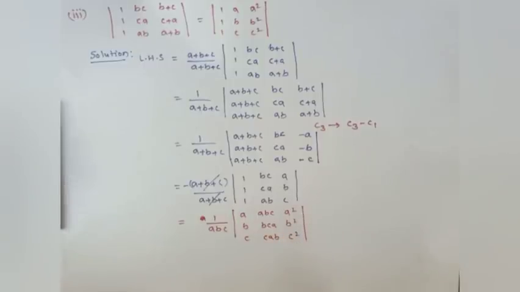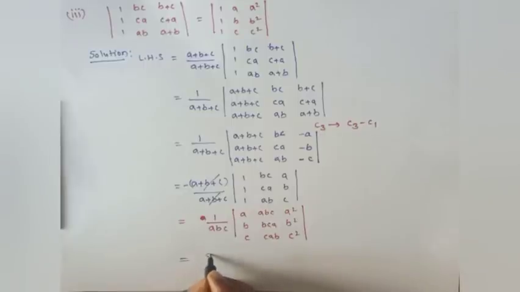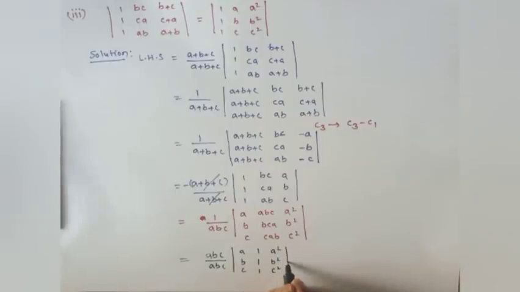Next, you can observe, from the second column again ABC is common, so that it is ABC by ABC. Now it is ABC. Now 1 1 1, A square, B square, C square. Here ABC and ABC get cancelled.